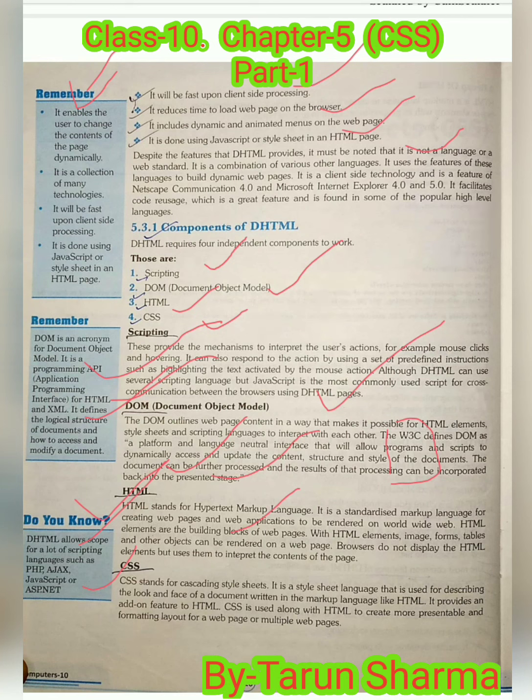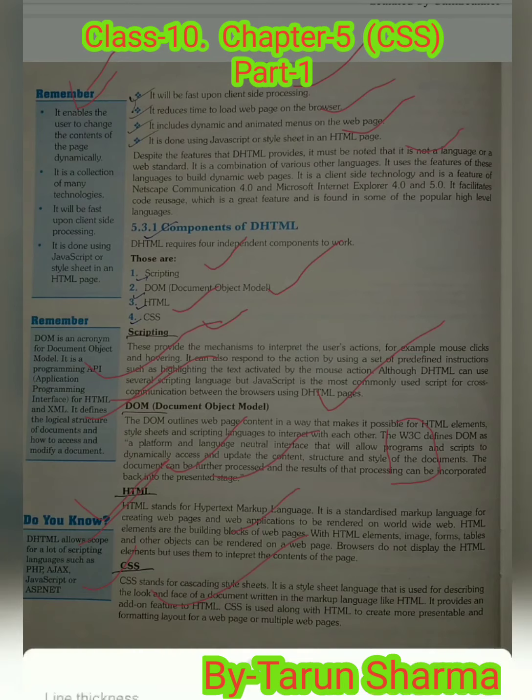CSS is used along with HTML to create a more presentable and formatted layout for a web page or multiple web pages. Simply, with CSS we can change the style of any HTML element. Okay, done.